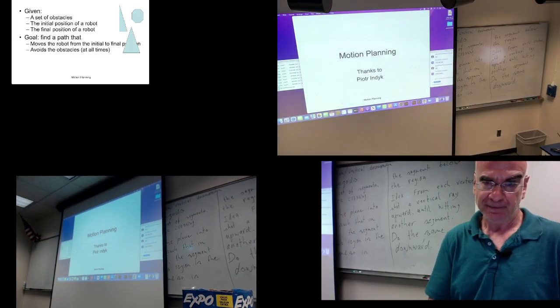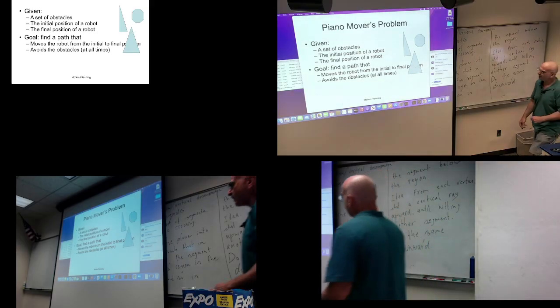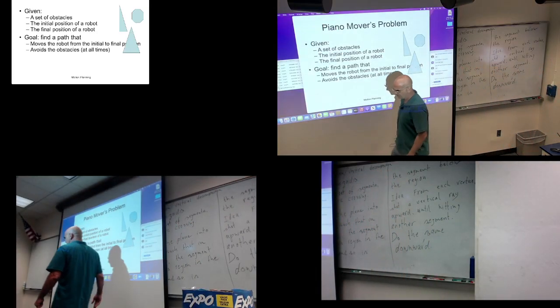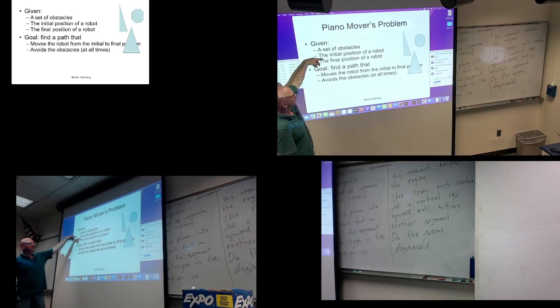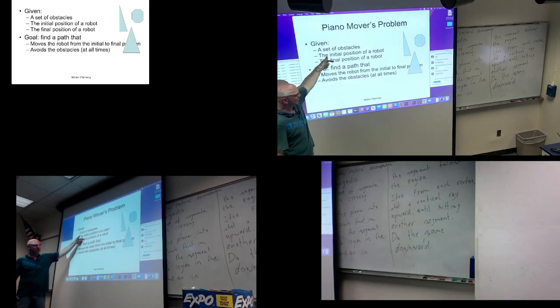So, motion planning. There's a chapter about it that I follow quite closely, the chapter in the de Berg book. The input is a set of obstacles. I'll have the initial position of the robot and the final position of the robot.